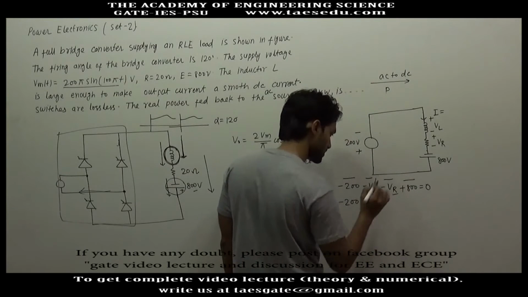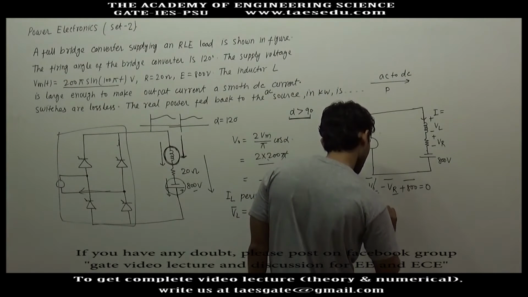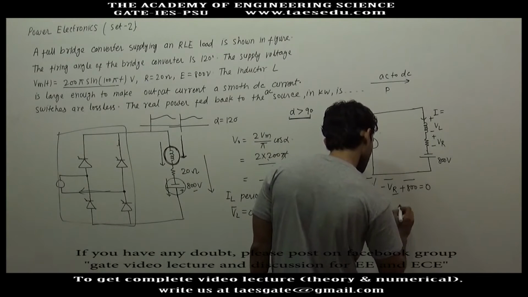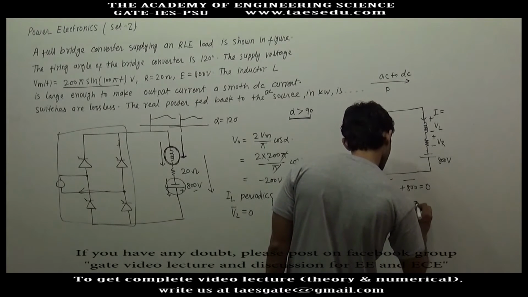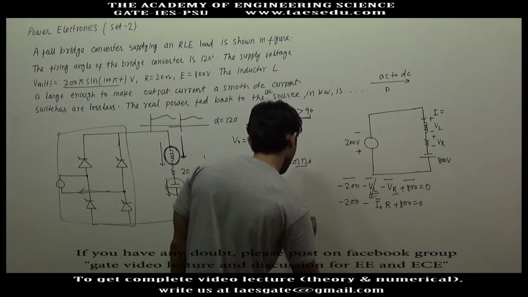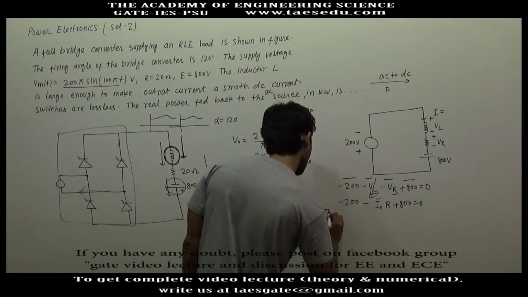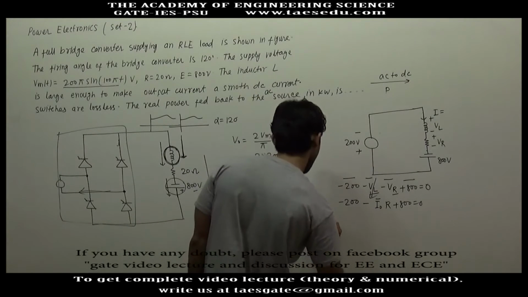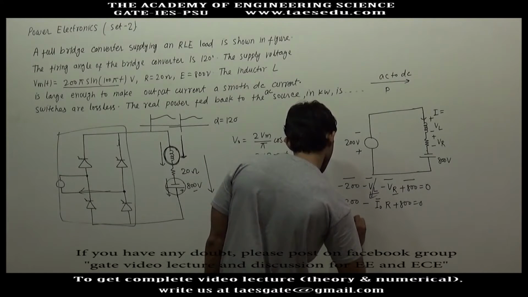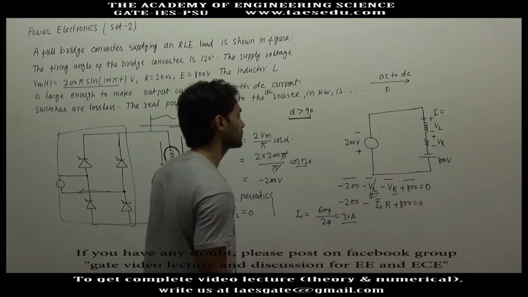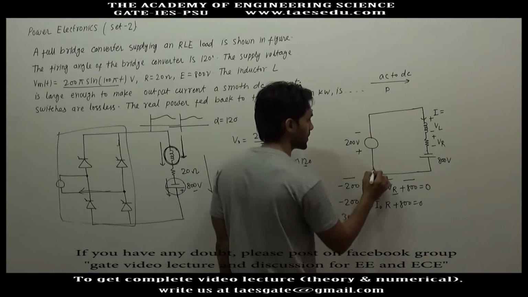Average voltage across resistance will be the average output current into resistance plus 800 equal to 0. So I naught will be 600 divided by resistance, which is 20. This will be 30 ampere. Okay, so 30 ampere current is flowing here.